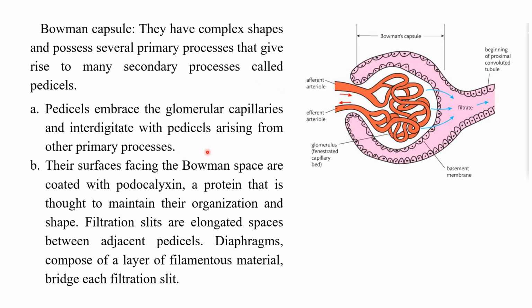The pedicels embrace the glomerular capillaries and interdigitate with pedicels arising from the other primary processes. Their surfaces facing the Bowman space are coated with podocalyxin, a protein that is thought to maintain their organization and shape.